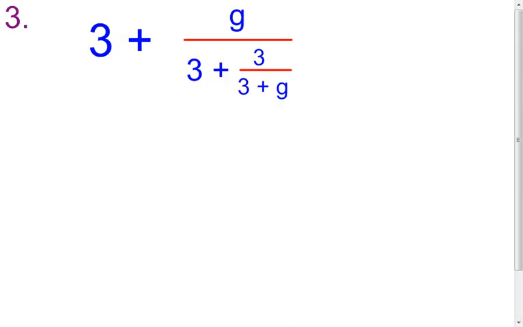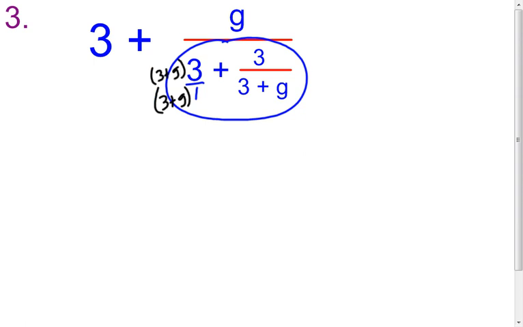All right, and then this one's probably even a little bit worse, but we can do it. We got this, okay? You need to think about this again in parts. So right now this is 3 over 1. I want to get this part right here as a common denominator. And so my common denominator when I multiply that would be 3 plus g. And I need to do that to the bottom, and I need to do that to the top.